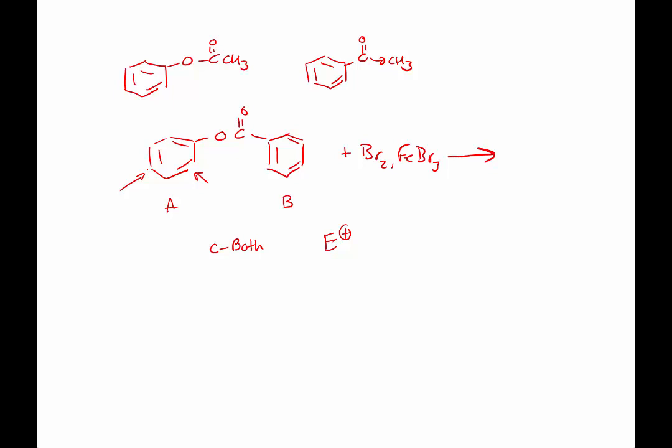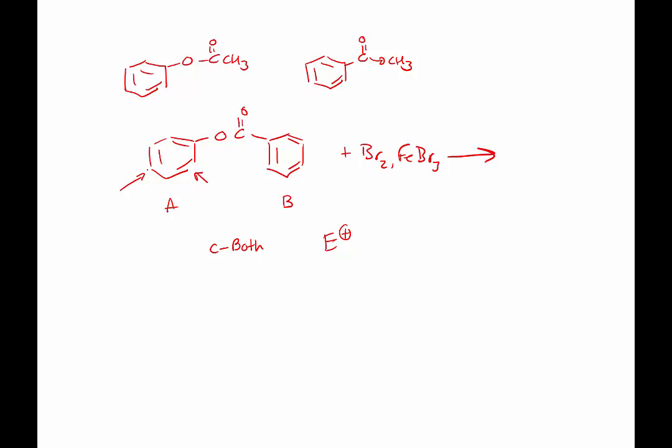Sarah? Anytime an electrophile has the opportunity to add to an activating and a deactivating ring, is it always going to add to the activating one? Yeah. Because it's going to add to the ring that's the most electron rich. And that's the activated ring.